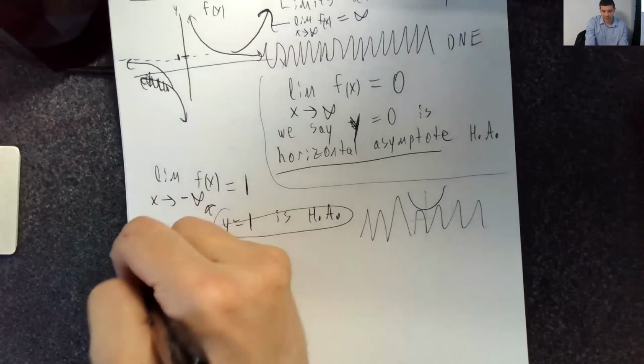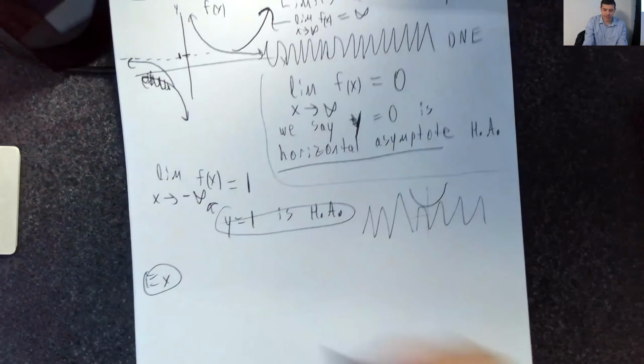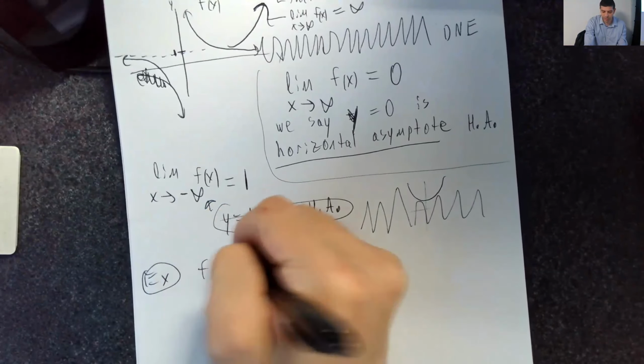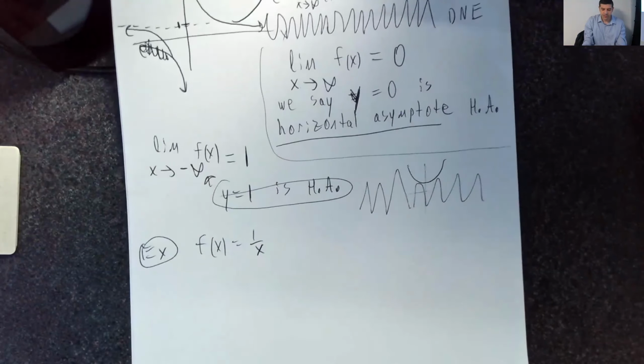Okay, another example. Let's do it numerically. Let's see, f of x equals 1 over x. We're trying to detect patterns as x gets big.